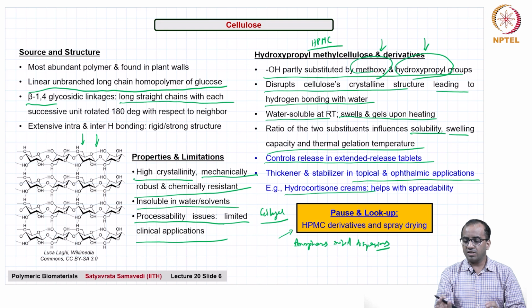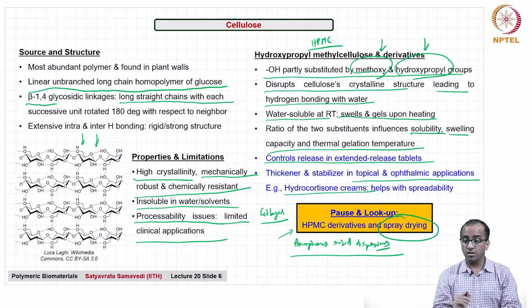So, you see, by making some small changes in the structure, we have completely changed the properties to be able to make it useful and processable from an engineering or design perspective, making it processable for specific pharma applications such as in the preparation of amorphous solid dispersions through a very, very important process called spray drying. So, I would highly encourage you to look up and see how HPMC's derivatives are used particularly in spray dried formulations for preparing amorphous solid dispersions.